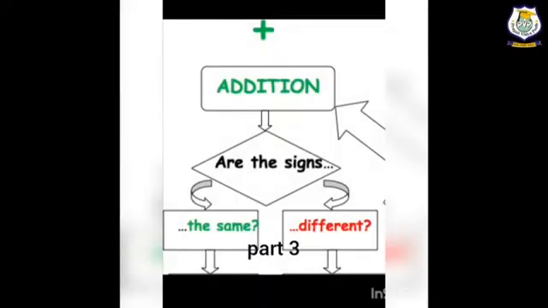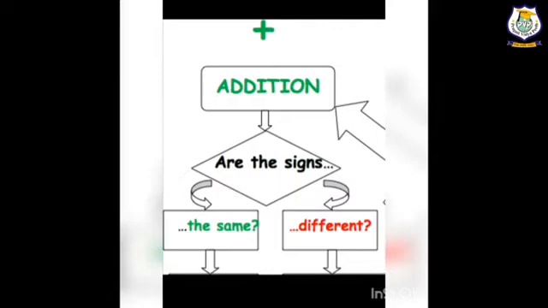Now here, our second topic in integers is the addition and subtraction of integers. Addition and subtraction, as you have already done with numbers, is exactly the same here, but the different thing is the negative numbers. As I have already told you, in integers we also have negative numbers.